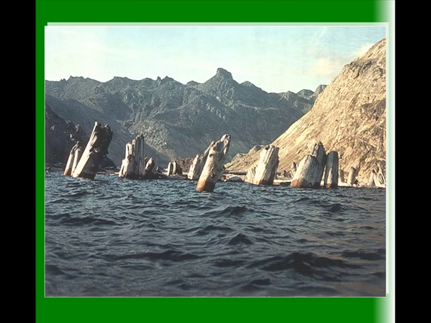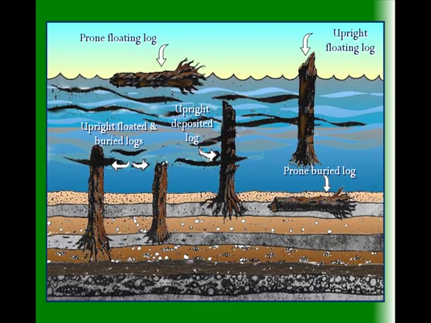Here you can see some floating there, and you'll notice that some of them are floating upright. I guess that's because of different densities of wood, or how the roots get waterlogged first, or something like that. Anyway, they begin to float upright, and then they may sink and ground themselves, as it were, in the sediment on the bottom. And so tree stumps can get buried in layers, and it might look like it had grown there.